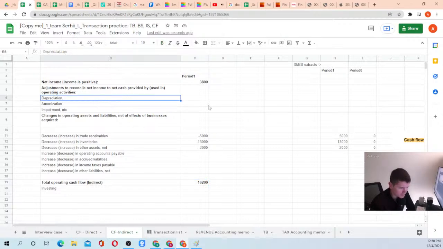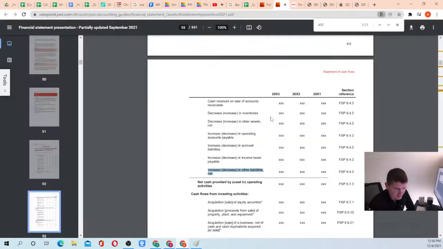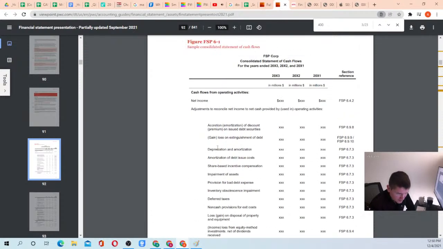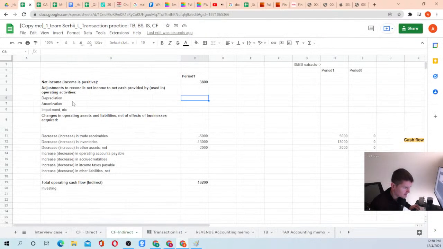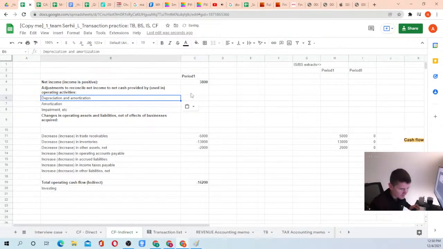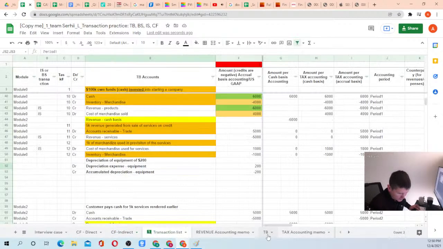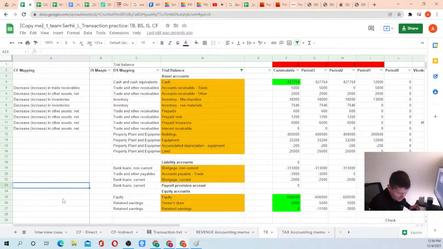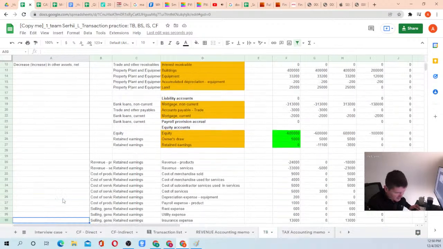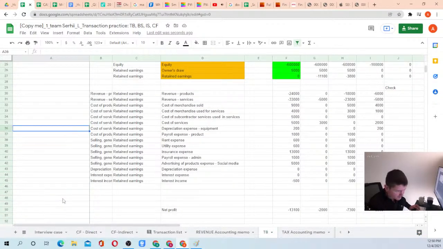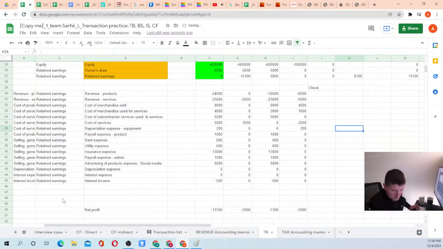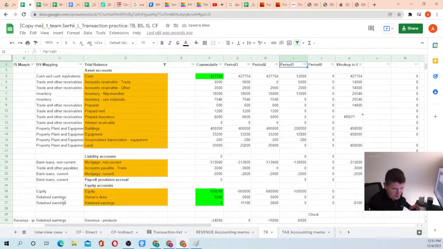So what we do here, let's see what caption do they have here. Depreciation and amortization. Let's use nice captions. Depreciation and amortization. And we can go to our trial balance and we can find that expense here. Here it is in period 1.